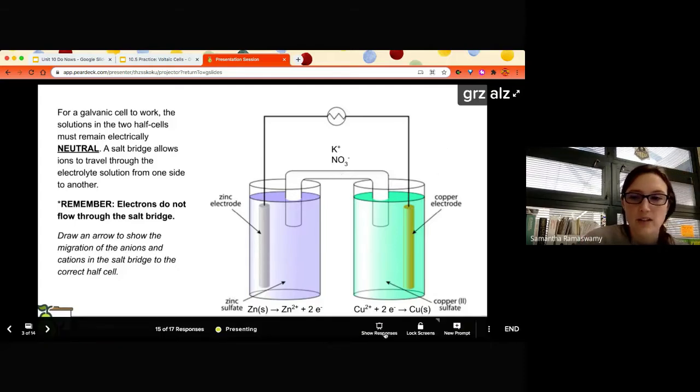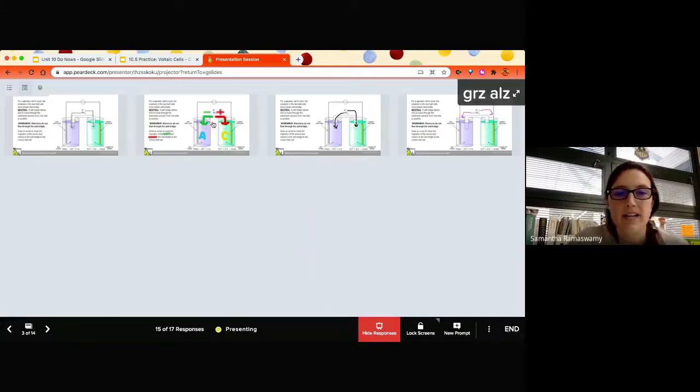If we take a look at some of the responses, notice we have the anions going into the anode and cations flowing into the cathode. Make sure you're specific. In all of these responses, notice how we see the NO3 minus going into the anode and the K plus going into the cathode.